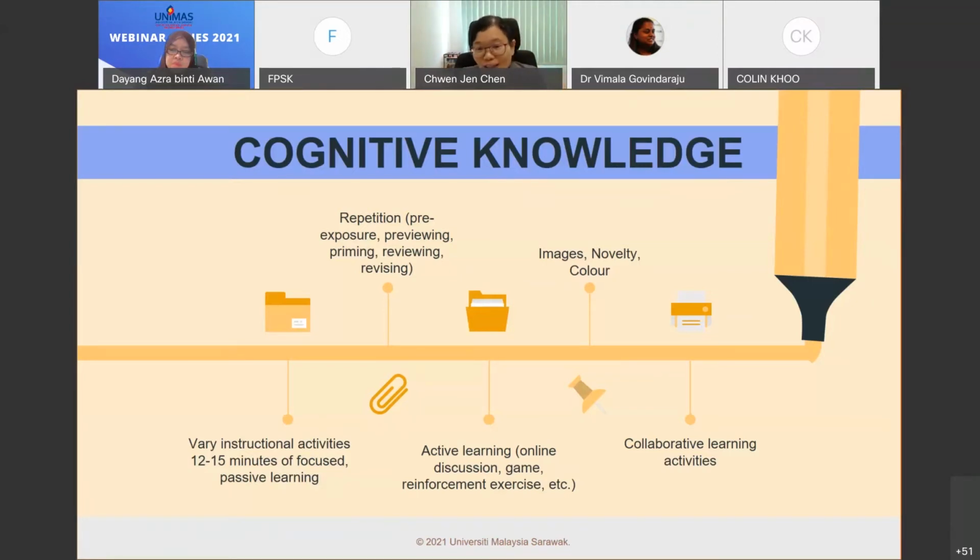So try to include some active learning activities in your online learning, not just thinking about delivering the content and that's it. I wouldn't claim it, but maybe there are instructors who think that they only need to spend time to create the content, deliver the content, and then they are ready for assessment, but ignoring that there is a need to create some kind of active learning opportunities.